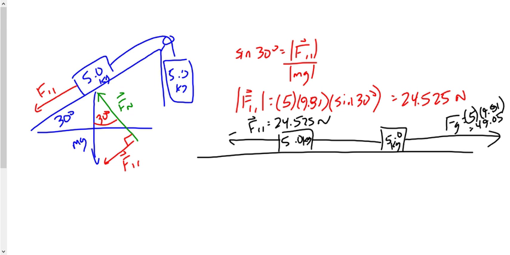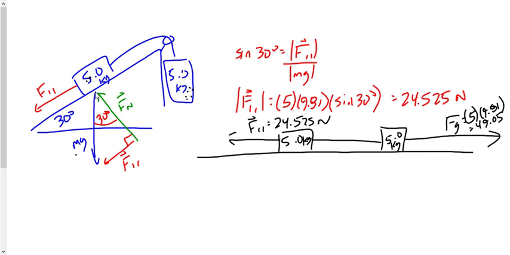Why do I not use, listen, I use the force of gravity for this guy. Why am I not using the force of gravity for this guy? Yeah, I am using the force of gravity. If it doesn't cancel, I have to use it. I'm using it in a little more subtle way. I'm using the force of gravity acting on the first 5 kilogram object in conjunction with the normal force, which combine to give me F parallel.